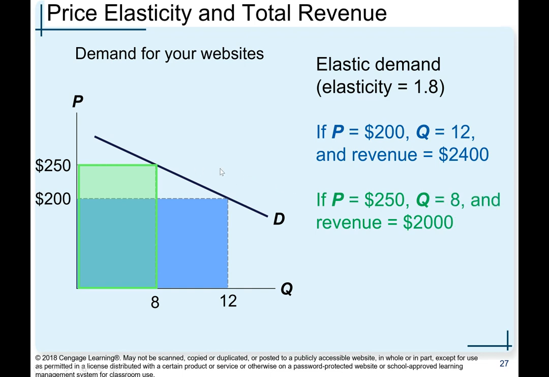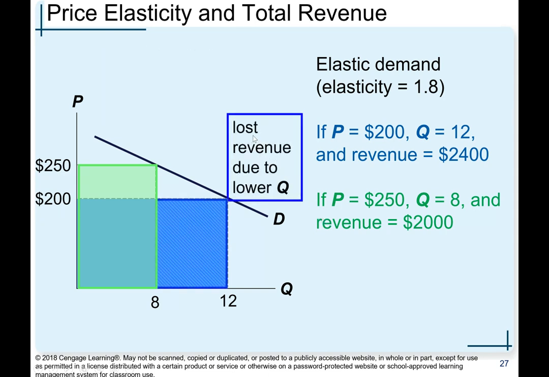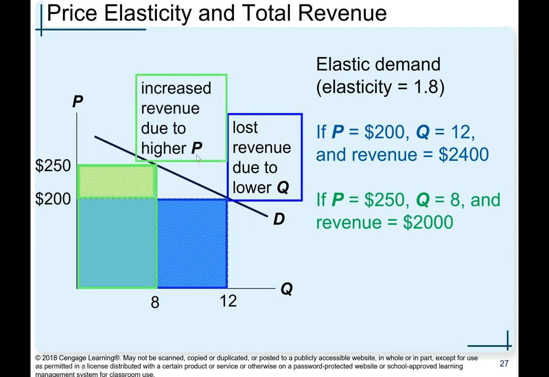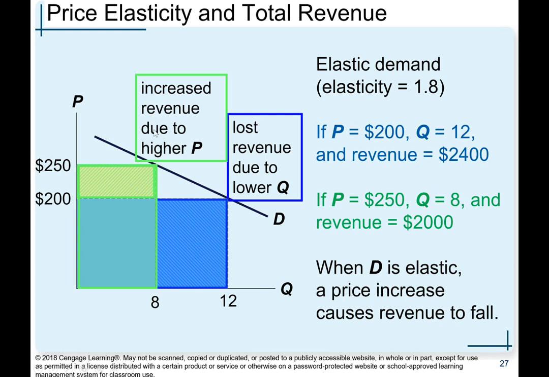Price increases to 250 and quantity falls to 8, and revenue is 2000. The lost revenue due to lower quantity is the blue area, and the green area is the increase in revenue due to higher price. When demand is elastic, a price increase causes revenue to fall. Price goes up, revenue goes down.